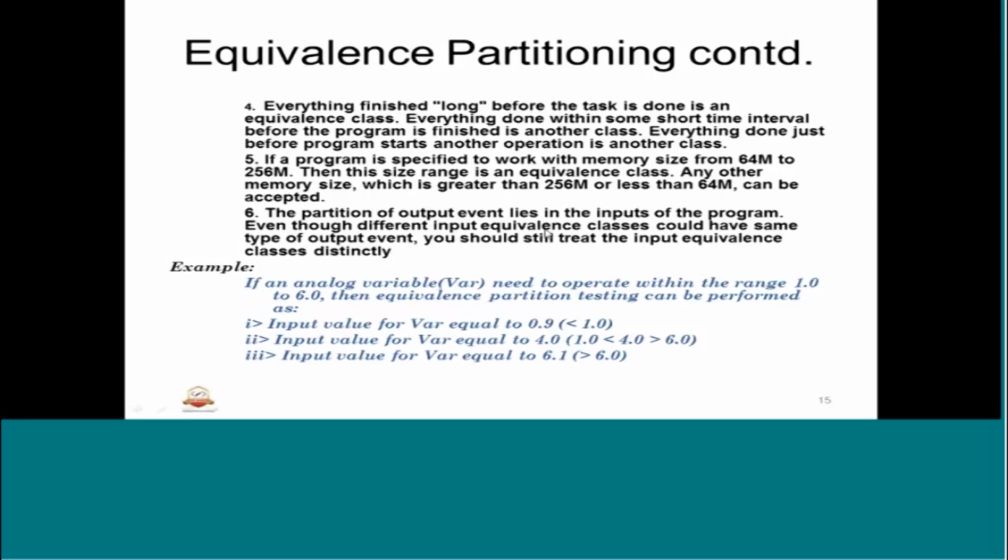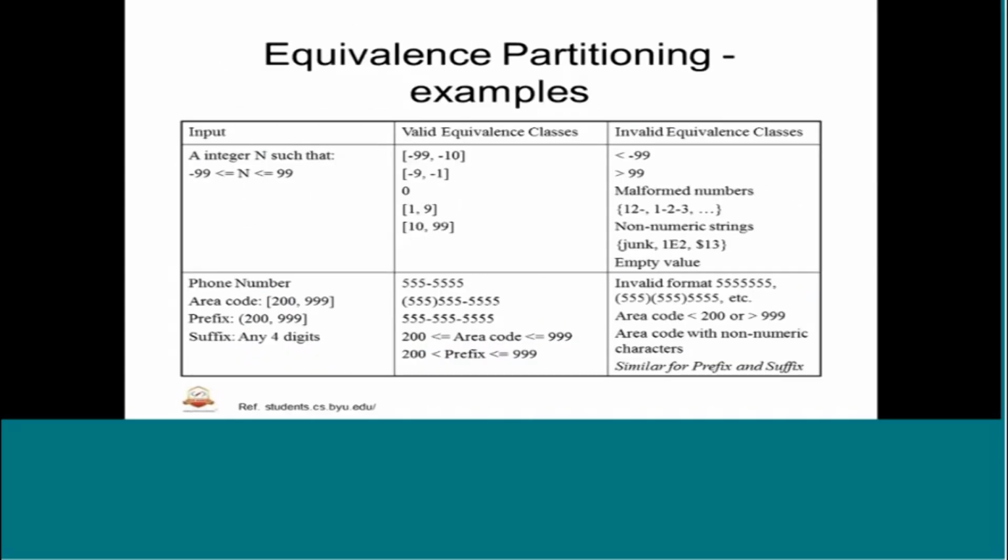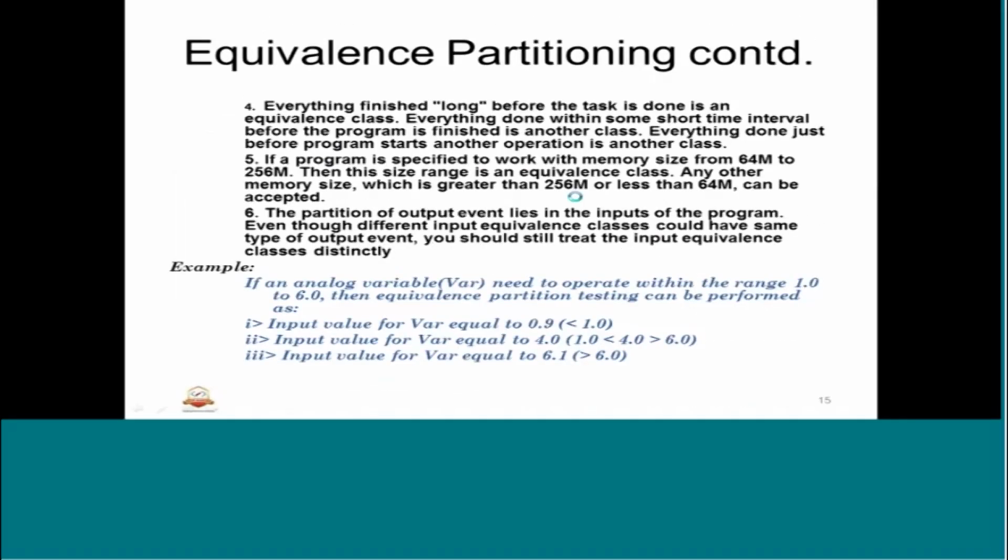Even though different input equivalence classes could have the same type of output event, you should still treat the input equivalence classes distinctly. What it means is we have two equivalence classes, but they still result in the same output. Based on the type of equivalence class, we need to categorize them. For example, it may throw an error for all of them as one error, so we have one output, but we still want to test it because we know what input it can take.